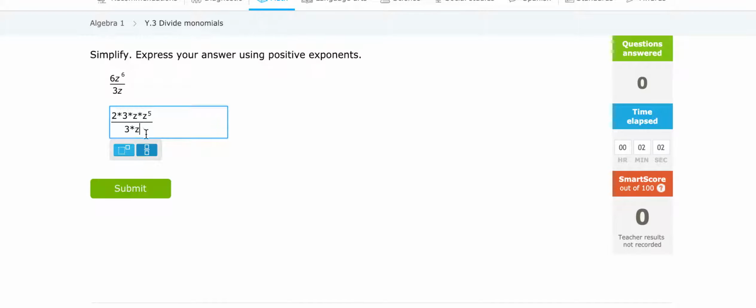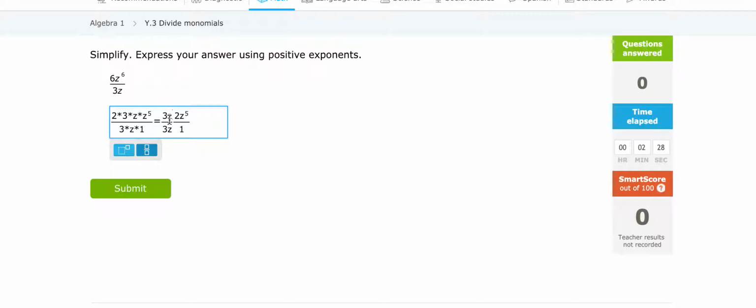So essentially what we're going to be left with is, remember, I could also just multiply 1 by anything, right? So this will equal 3z over 3z times the fraction 2 times z to the 5th divided by just that 1, okay? So think about it. We use the commutative property, we moved this in front, and then we separated it.